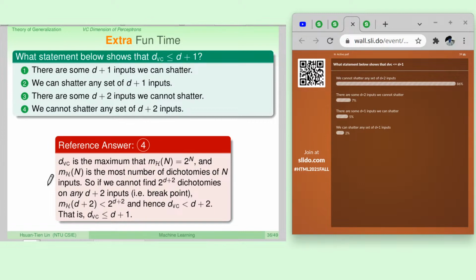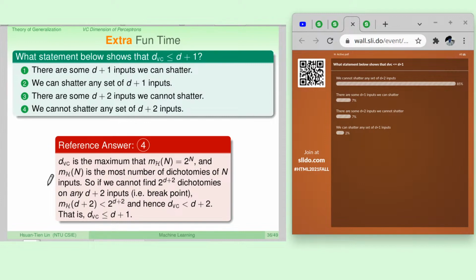If points are duplicates with each other, you cannot assign positive on one point and negative on the other points because they are just the same points. So basically, there are always some inputs that we cannot shatter.